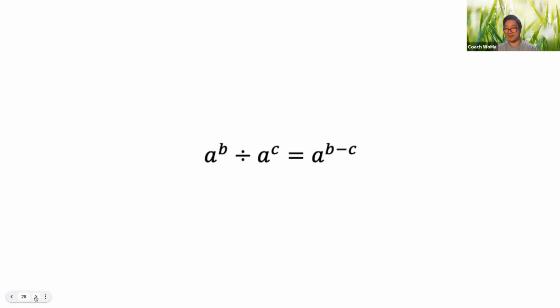Yeah, so that's the rule for this one. After a few more rules, I'll show you something that might make sense with that. So okay, what if you have something like this, a to the b, and all of this is to the power of c?